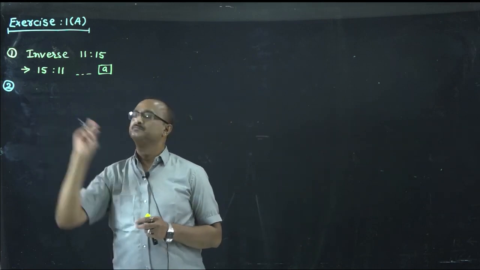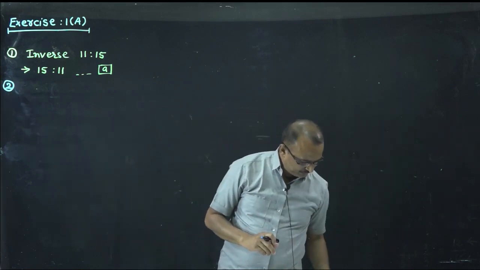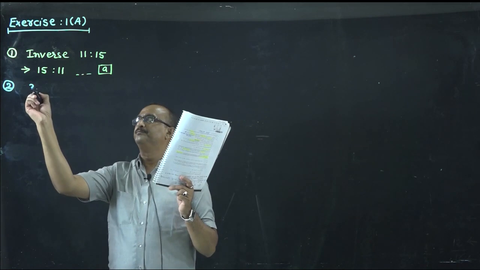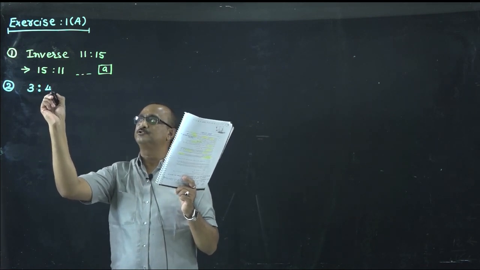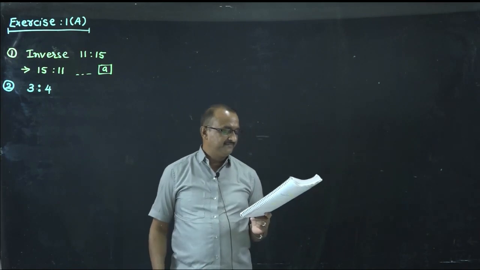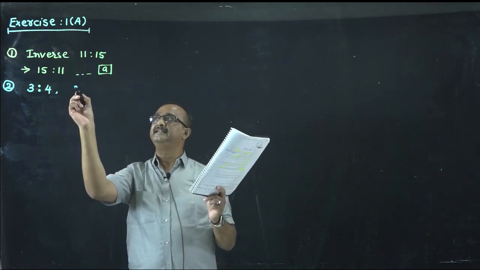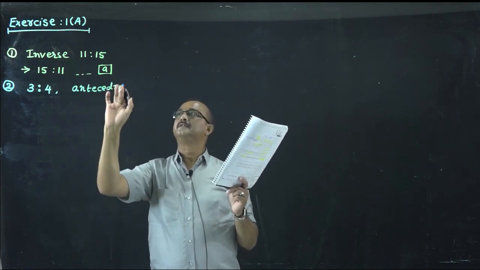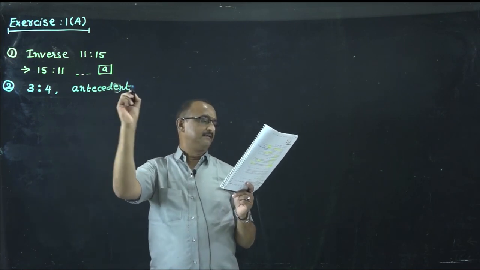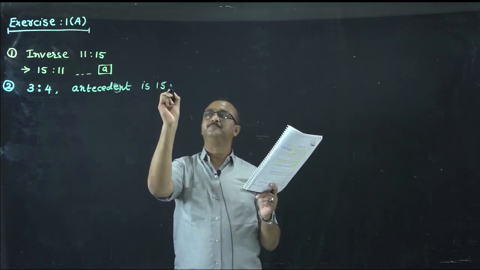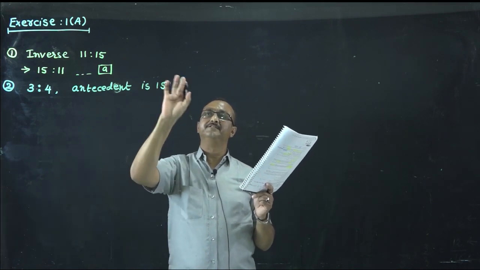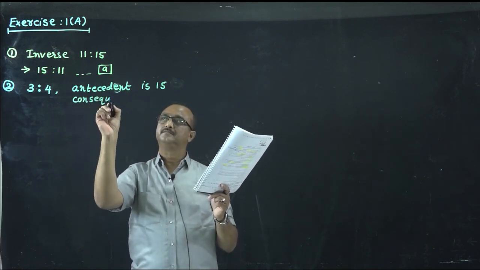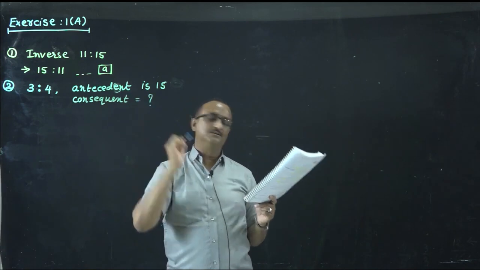Now second question, question number 2. The ratio of two quantities is 3:4. If the antecedent is 15, the consequent is what?